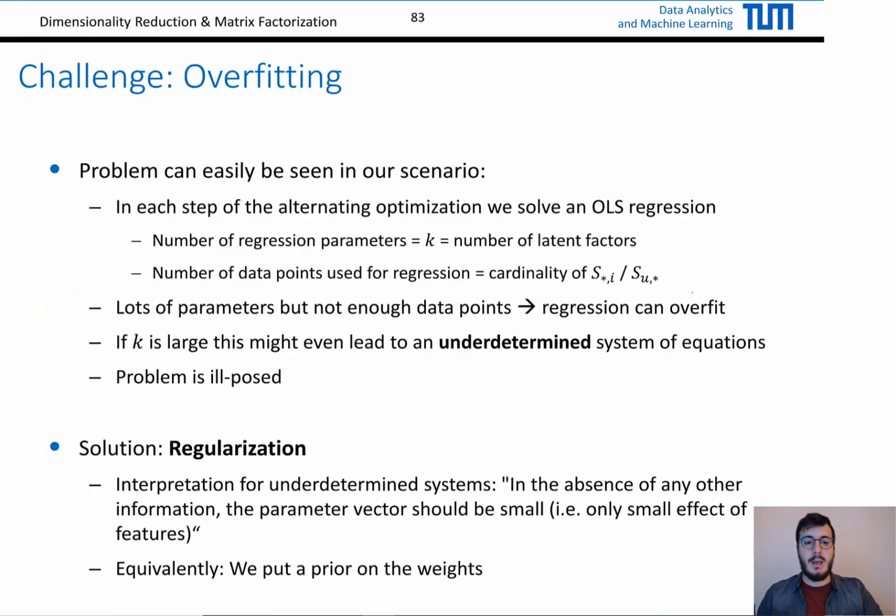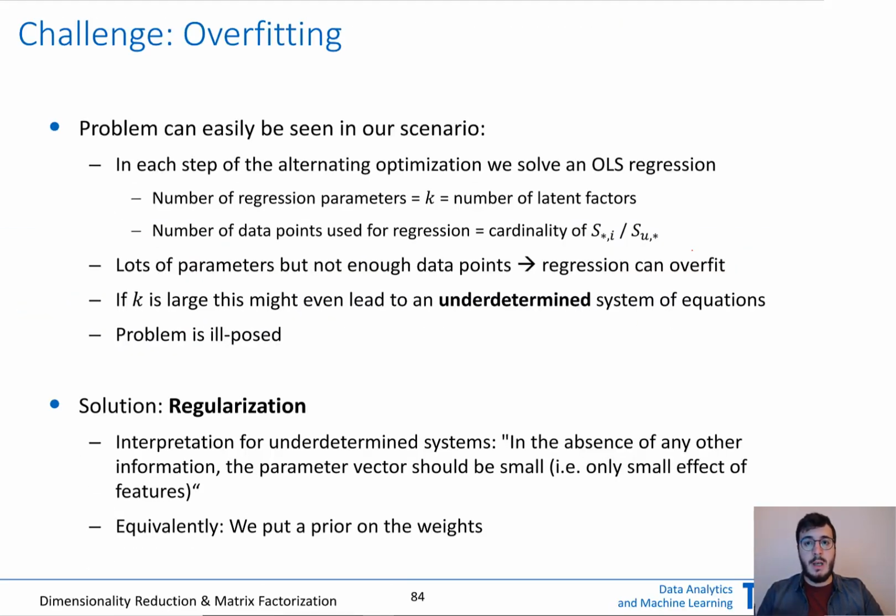In the case of matrix factorization, this issue could be even worse than normal. To think about this, consider the number of data points that we use to estimate each of the small regression problems. We were solving many small regression problems where the number of parameters we're estimating is k, equal to the latent size, and the number of actual data points equals the number of ratings that a particular user has made, or the number of ratings that a particular item has gotten.